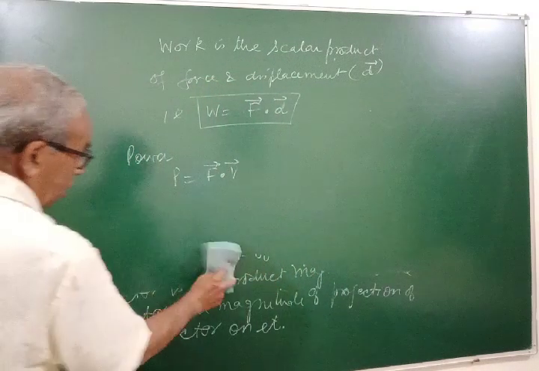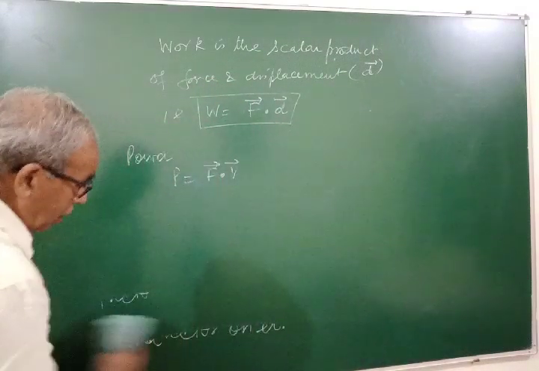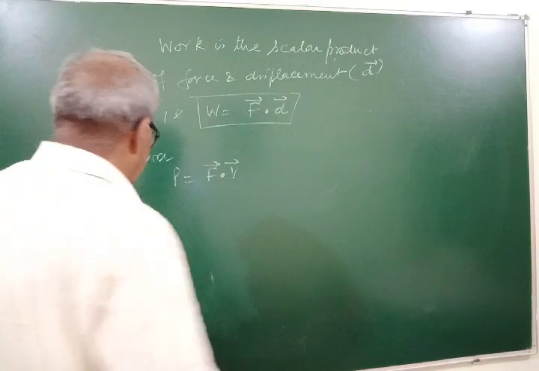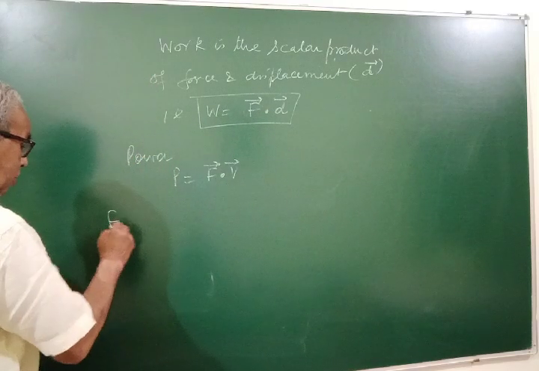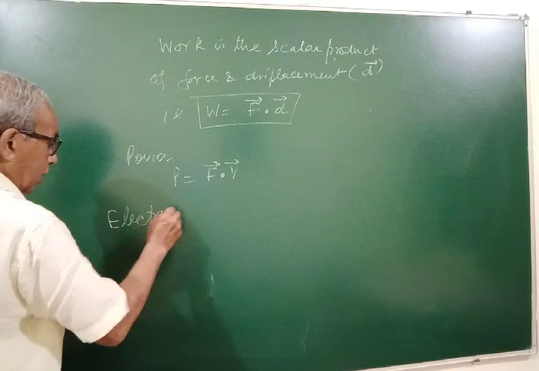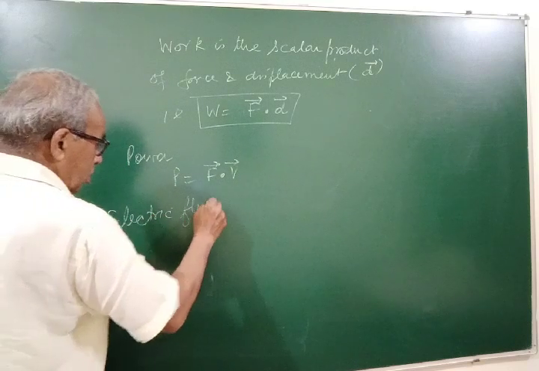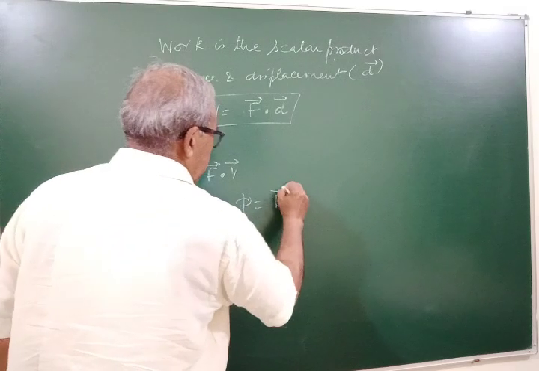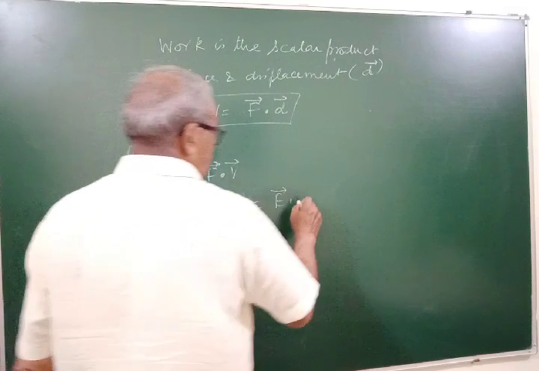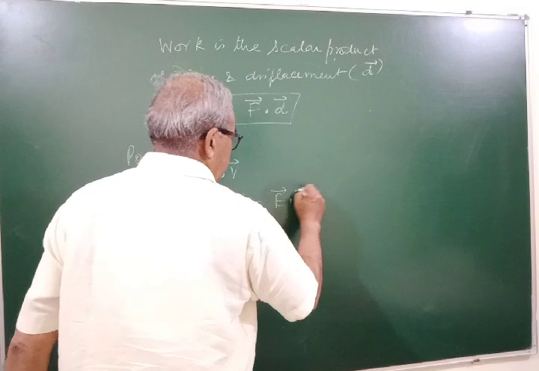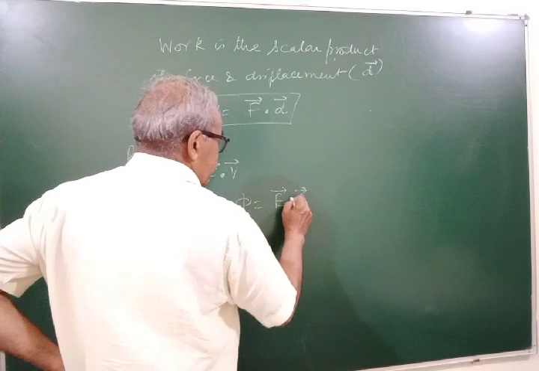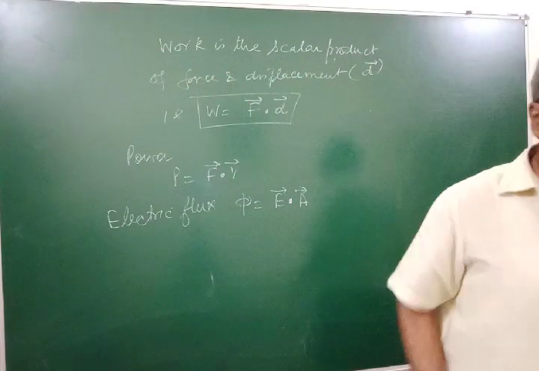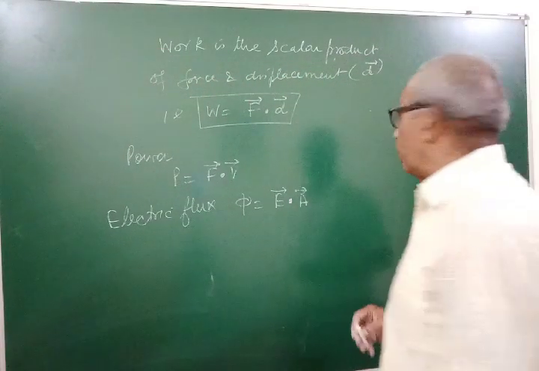In class 12 you will get many examples of scalar product. There is one term, electric flux: phi equals E dot A. Area is made a vector quantity there, and the direction of area is taken normal to the surface and outward.